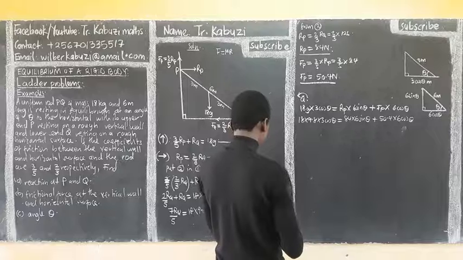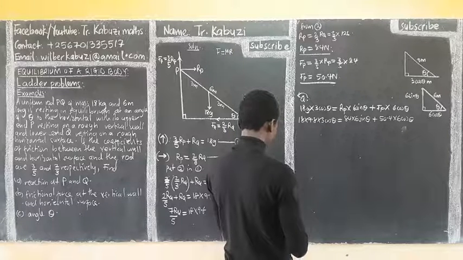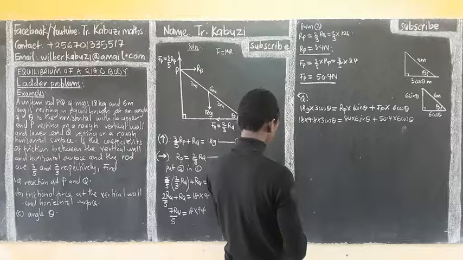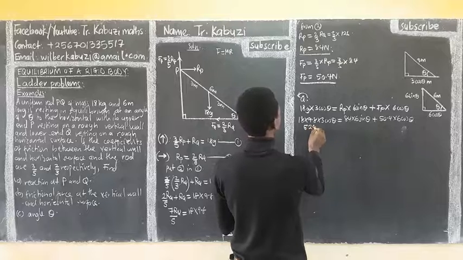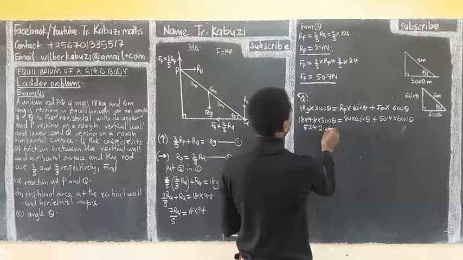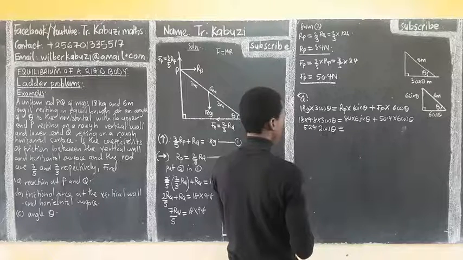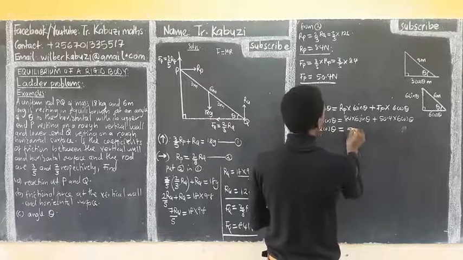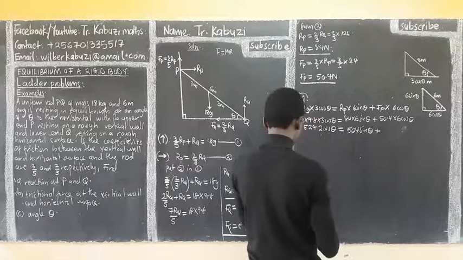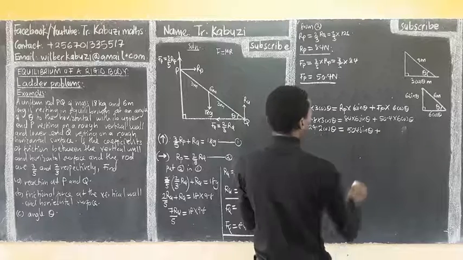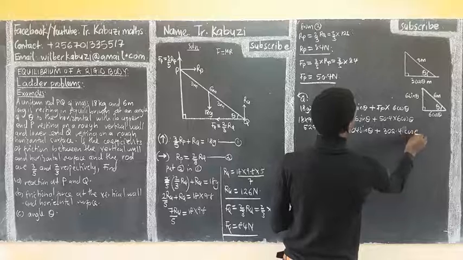Let us simplify and see. 18 times, so it's giving me 529.2 cos theta equaling 504 sin theta plus 302.4 cos theta.